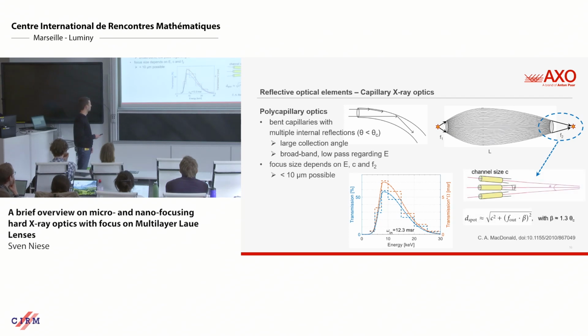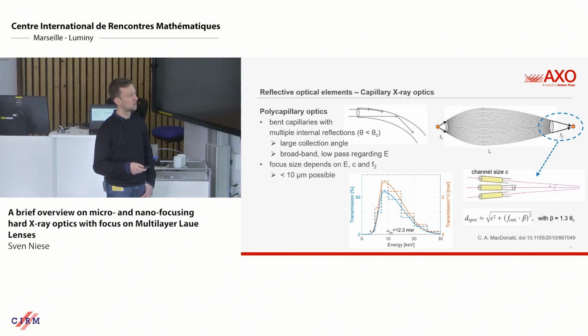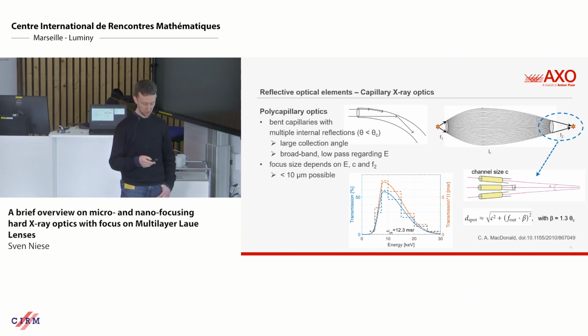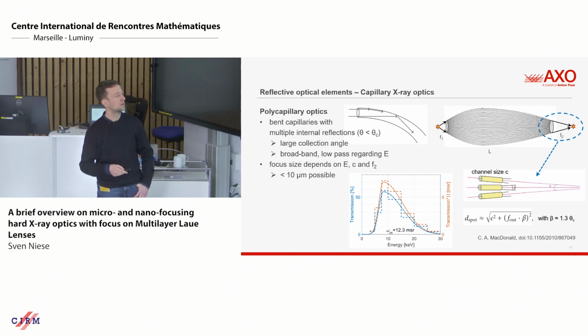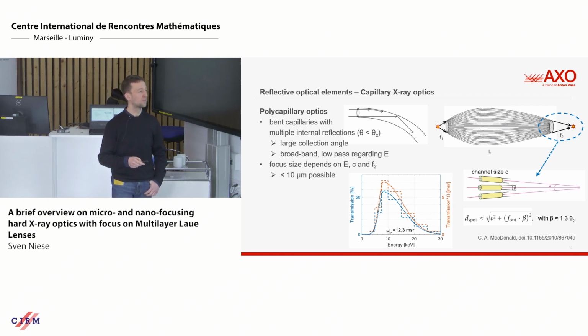The focus size depends on the photon energy, the channel size, and the secondary focal length, because you have a lot of individual capillaries. From every capillary there is a kind of low divergence beam coming out, and they all point to the same focus in the best case, but it's not really by design focused to a certain spot.